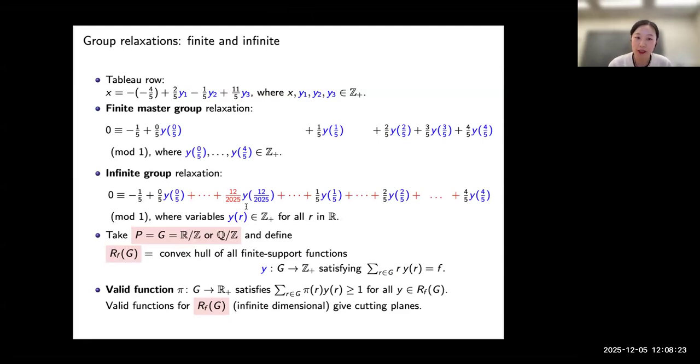This is a valid function, and now it is valid for the infinite group relaxation. The infinite group relaxation is the convex hull of all y's satisfying the infinite group equation. This is even more general than the finite cyclic group relaxation.